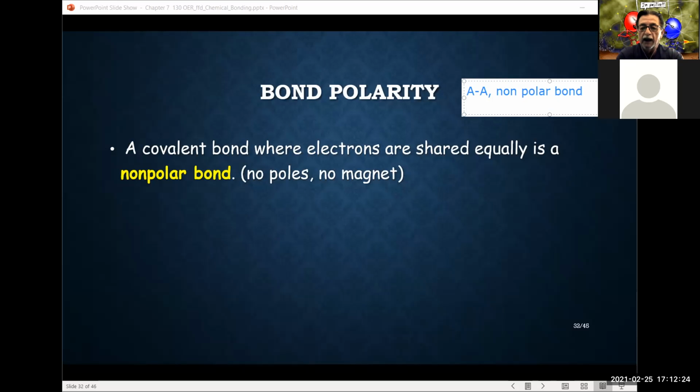A bonded to B, polar bond. Why? Because B is not the same as A and vice versa. Two different ones. And that's it. So you've got to recognize what's being bonded and what you're looking at. If they're the same, they're nonpolar.